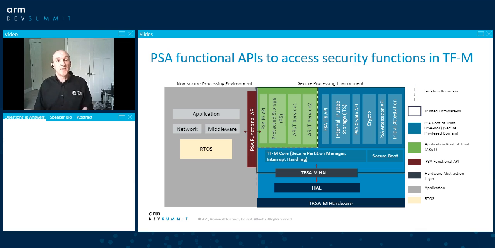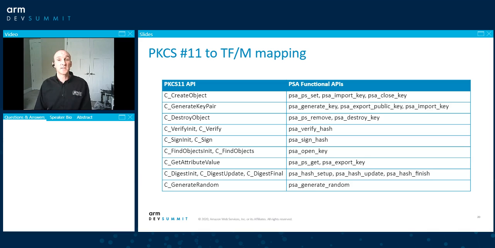So the interface provided by TFM between the secure and the non-secure world is not provided by PKCS 11, but the PSA functional API. So that raises the question of how a standard interface like PKCS 11 can interface with TFM. And ARM have helped enable this by providing a shim that maps the PKCS 11 calls to the PSA functional API. And this makes it very transparent to the FreeRTOS user.